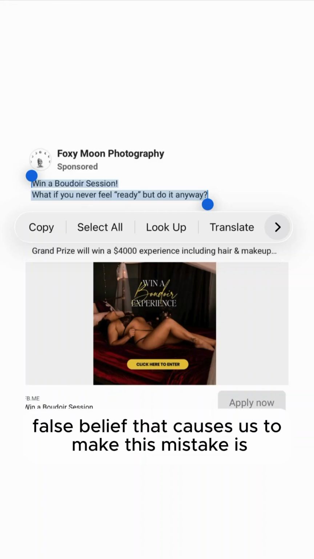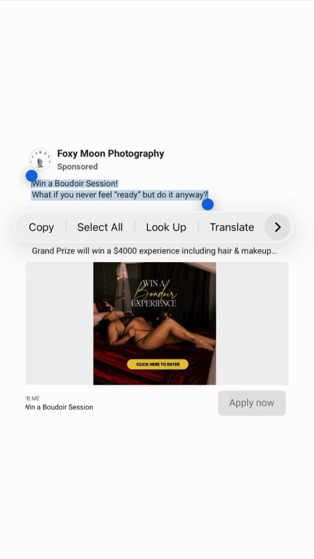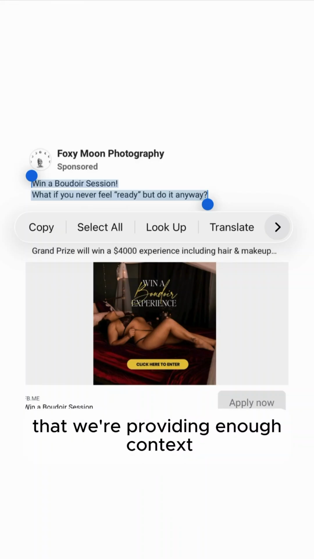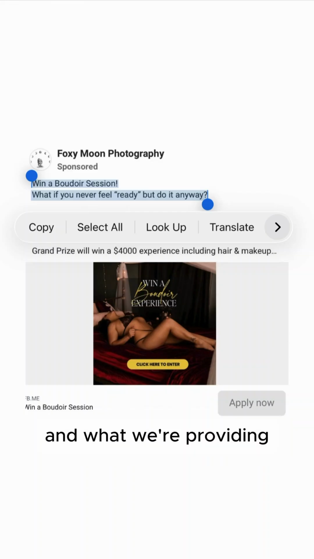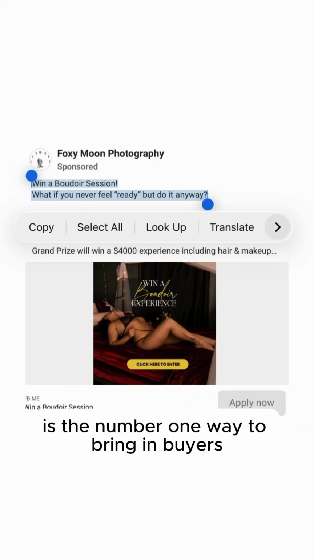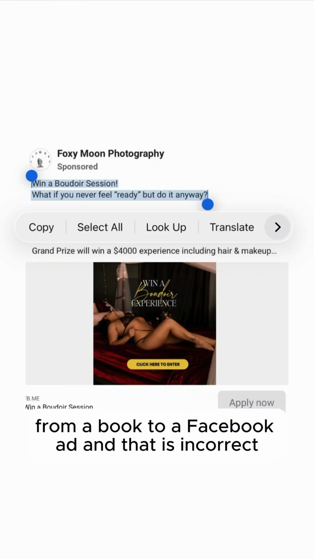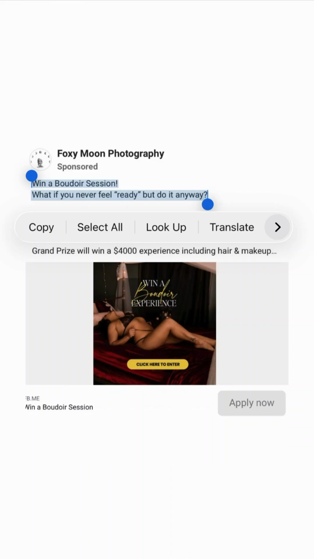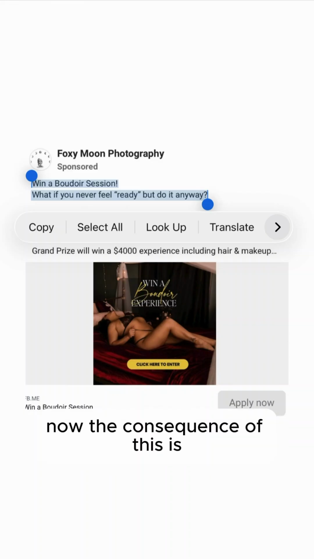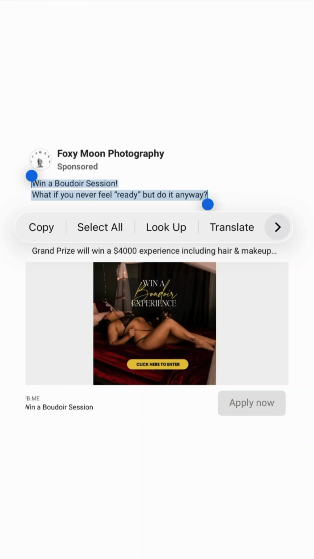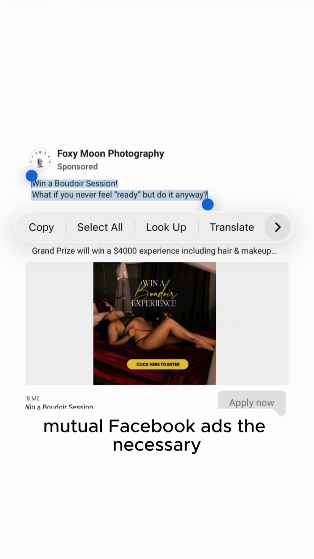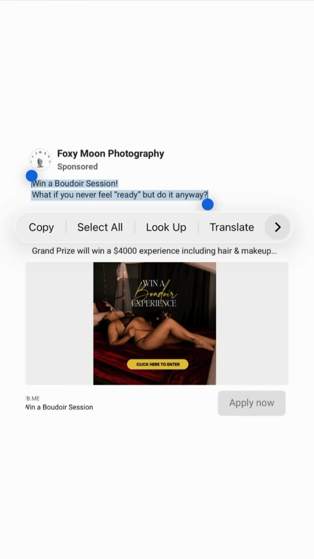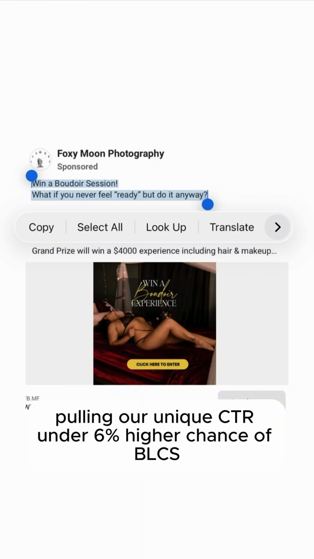The false belief that causes us to make this mistake is we're believing incorrectly that we're providing enough context. And what we're providing is the number one way to bring in buyers from a boudoir Facebook ad, and that is incorrect. Now, the consequence of this is way more women are going to be scrolling by our boudoir Facebook ads than necessary. Pulling our unique CTR under 6%. Higher chance of BLCS.